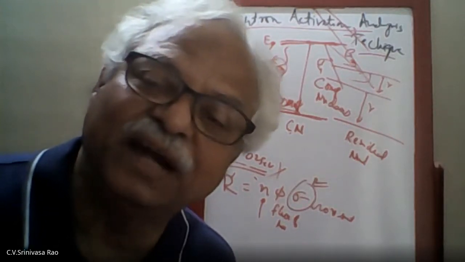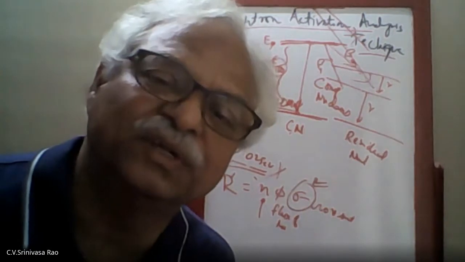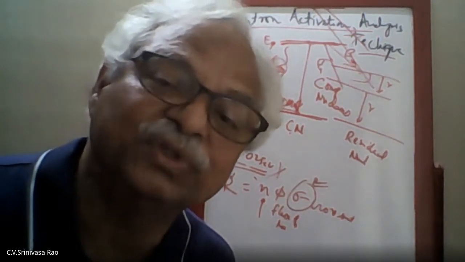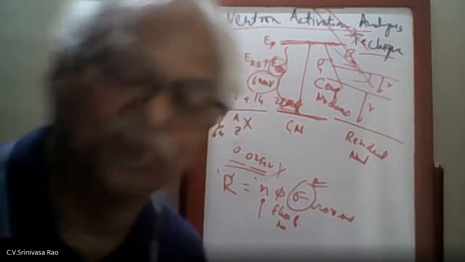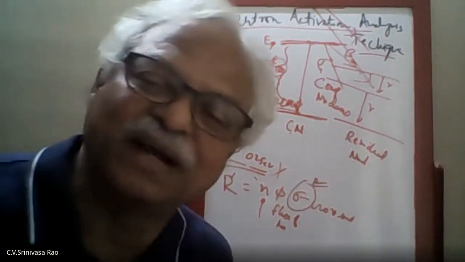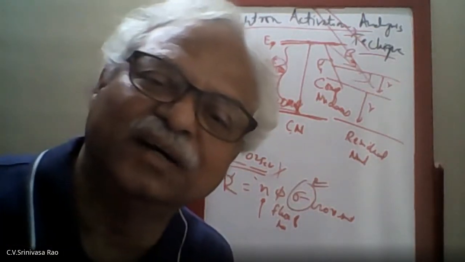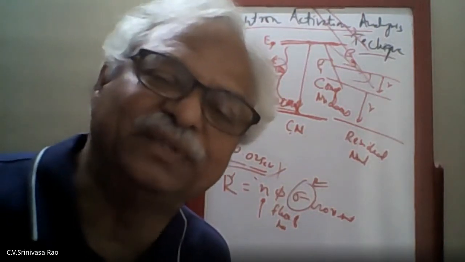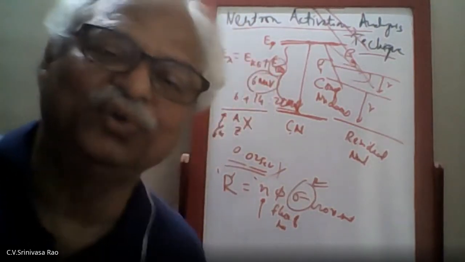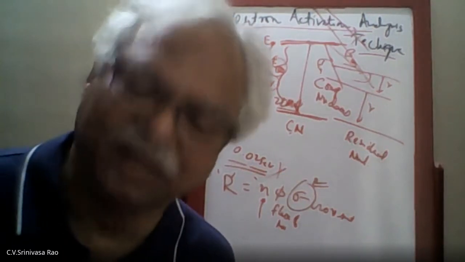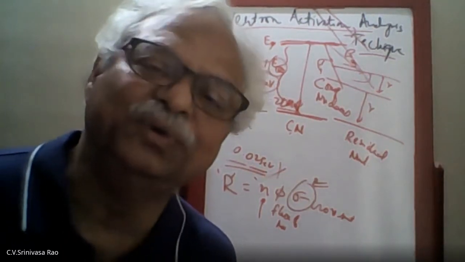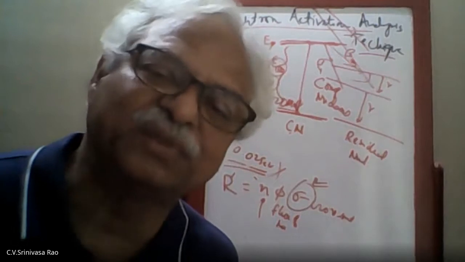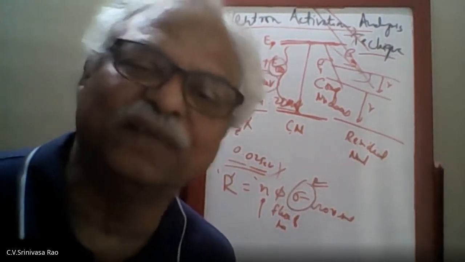And then we had a lot of experiments with neutrons during our MSc course. So somehow I was really enamored with neutrons right from my MSc days. I just somehow wanted to get into this area and do some research leading to understanding the fission process. I never thought I'd work in fusion.